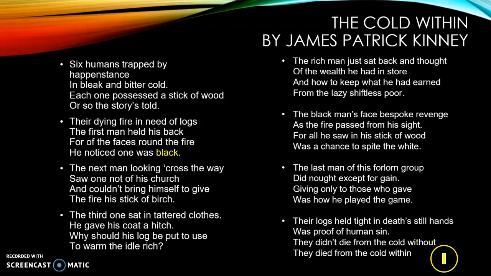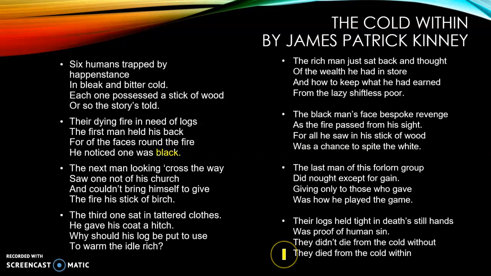So the author of this poem is saying that they didn't die from the snow or the cold weather. They died from the cold within themselves. They died from being selfish because nobody wanted to help each other, because nobody saw themselves in each other.